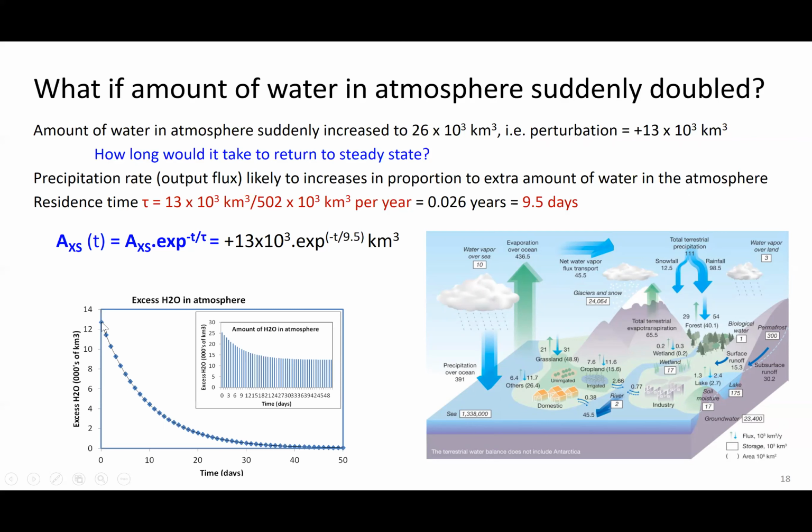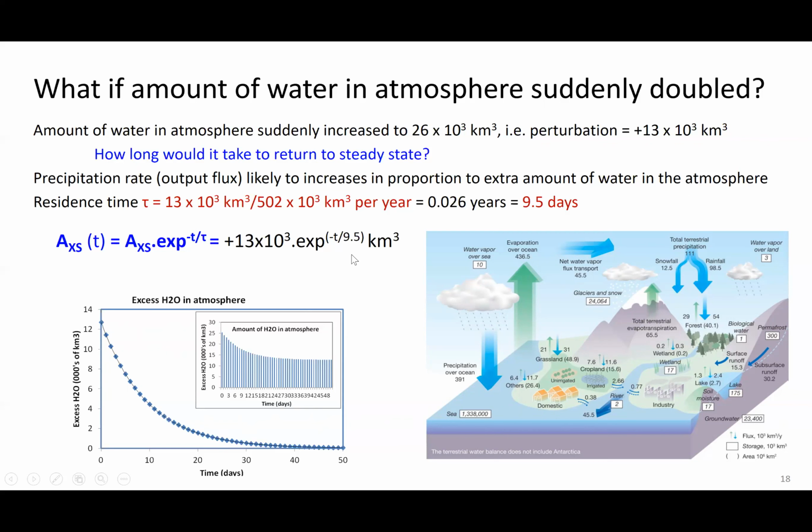So we start off at 13,000 cubic kilometres of excess water, and we can see over a number of days that decreasing down to around 0 and returning to the original amount of water that was in the atmosphere after about 50 days.